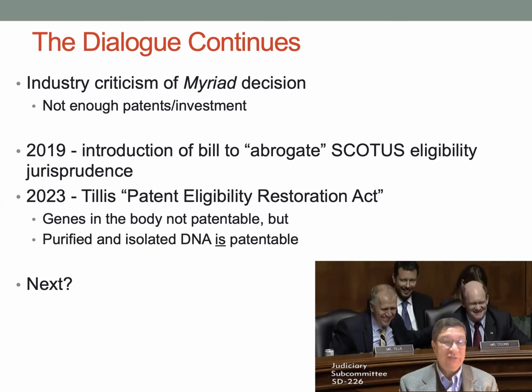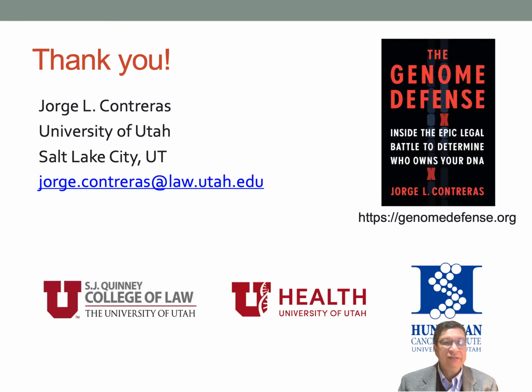Most recently this year, 2023, Senators Coons and Tillis have introduced a potential legislation that would explicitly reverse the effect of the Myriad case, would again make human genes, not as occurring in the body, but purified and isolated, patentable once again. So this is a live issue, an issue that is still important to many people on both sides of the debate.